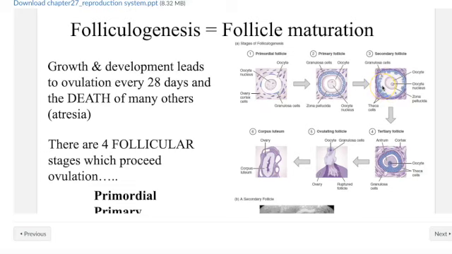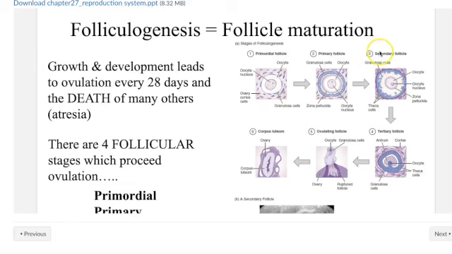They actually help produce estrogen, and they are surrounded in this primary stage by something called the zona pellucida. And you can see here, the zona pellucida, and here are the theca cells on the outside, which produce estrogen.